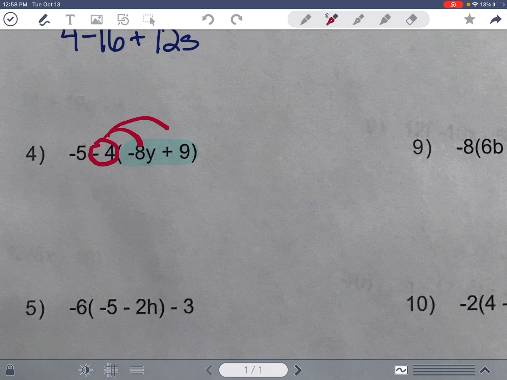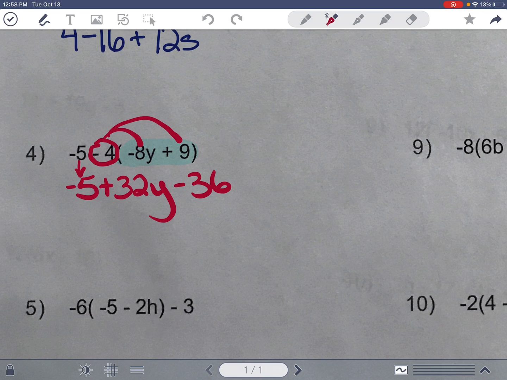Negative 4 gets multiplied to both terms. Negative 4 times negative 8y is a positive 32y, and negative 4 times positive 9 is a negative 36. The negative 5 just drops down. Okay? Then we would simplify that by putting negative 5 and negative 36 together.